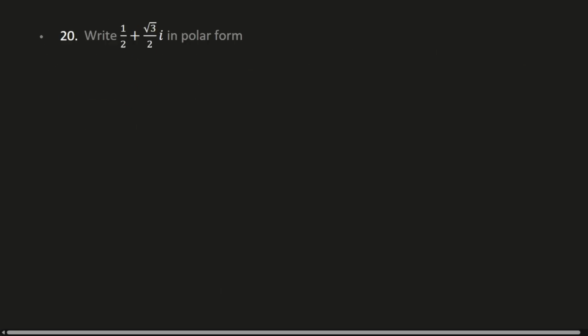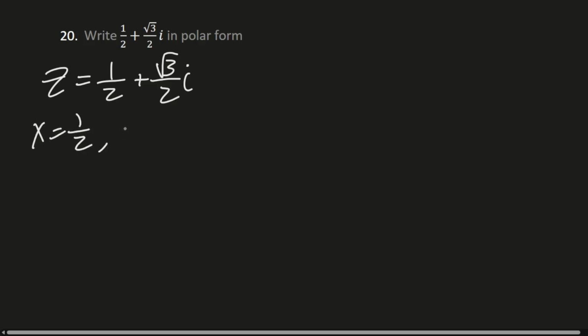And then for this one, we have z is equal to 1 over 2 plus square root of 3 over 2 times i. And then x is equal to 1 over 2, and y is equal to the square root of 3 over 2.